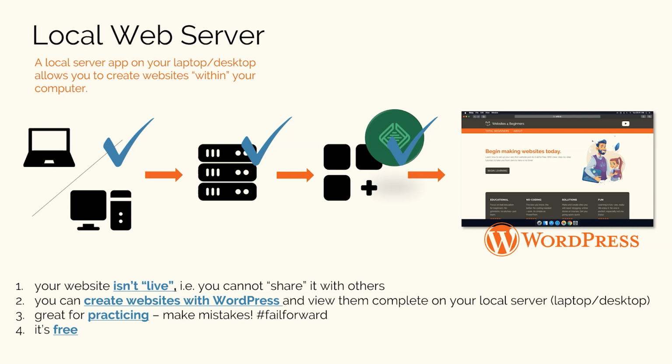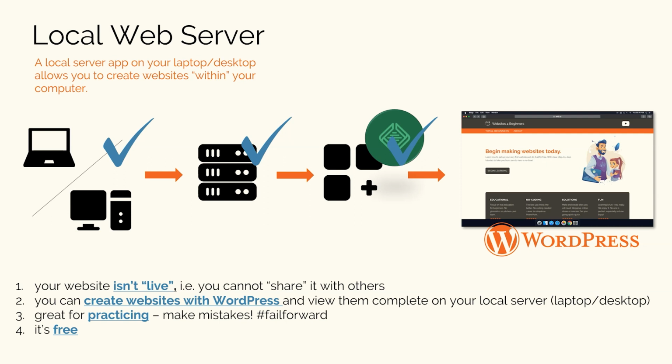It's a lot, right? Every time I want to try something new, I quickly create a new website in WordPress within my local server. And this way I can make mistakes, I can mess it up, I can screw it up, and I can start again. Remember, #failforward. And finally, and most importantly, it's free. That's why we use it, because at this moment, we don't want to spend money on it.